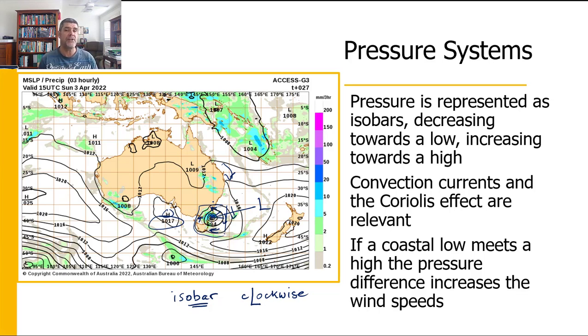Two important things to remember when you're trying to interpret pressure systems from these sort of synoptic charts is that convection currents tell us that warm air rises. So warm air is rising away from a low. So the low pressure system actually has air moving off the surface, and that's why it's a low pressure system. And cooler air falls.